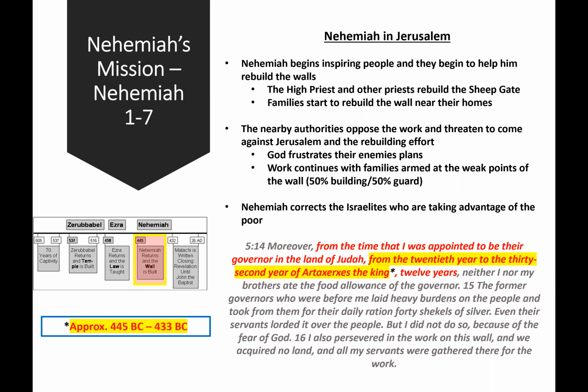And so Nehemiah, knowing that these nations are trying to stop them from building the wall, breaks up the people, and they begin to have 50% of the people guarding the weak points of the wall while 50% of the people build. And they're so adamant to get this done and to protect themselves that the men actually sleep with their sword in their hands, ready to fight should anything happen in a moment's notice.